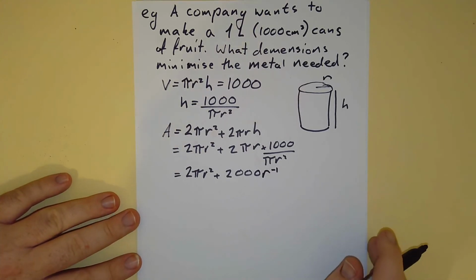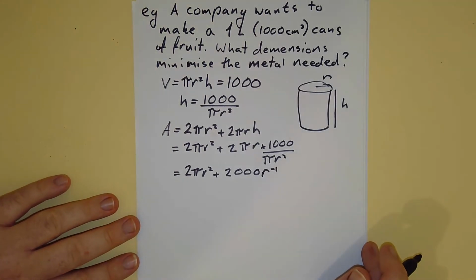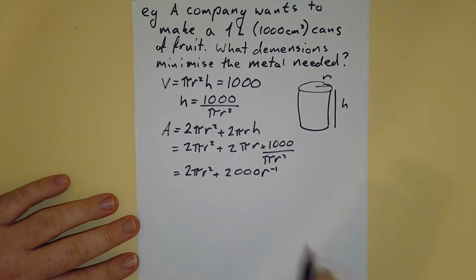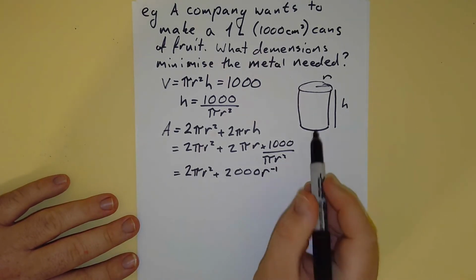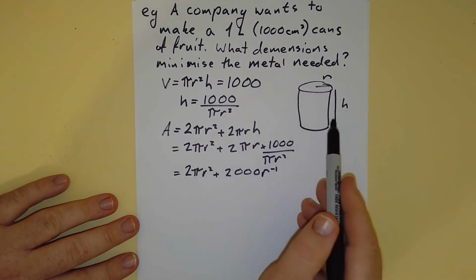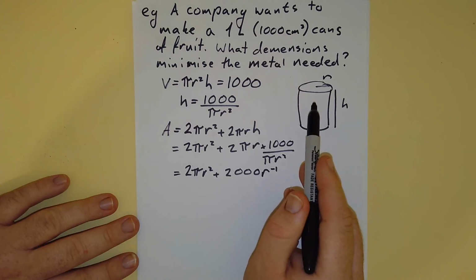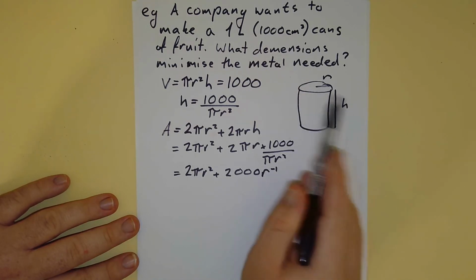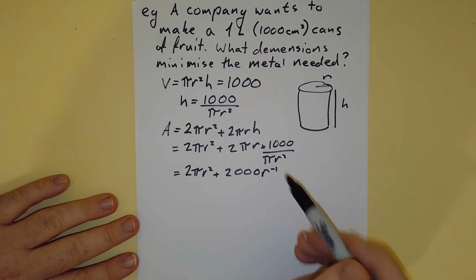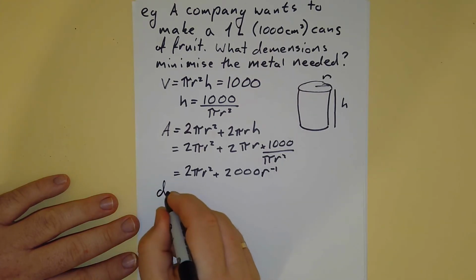So now to find my minimum here, I want to look at any stationary points, and I want to look at any end points for this. We'll get back to looking at the end points in a moment. So let's just do my derivative.